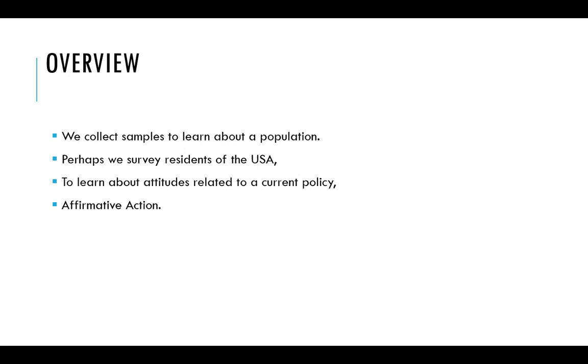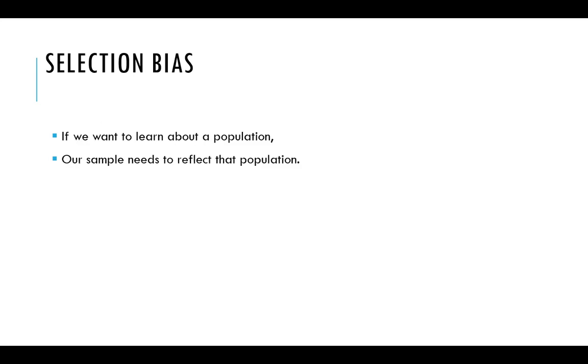We're reaching out to United States residents, and we want to learn about opinions on affirmative action. But we cannot survey everyone, right? That would be impossible. So what do we do? We take a sample. Well, if we want to learn about a population, then our sample needs to reflect that population, right? So samples are used to learn about populations.